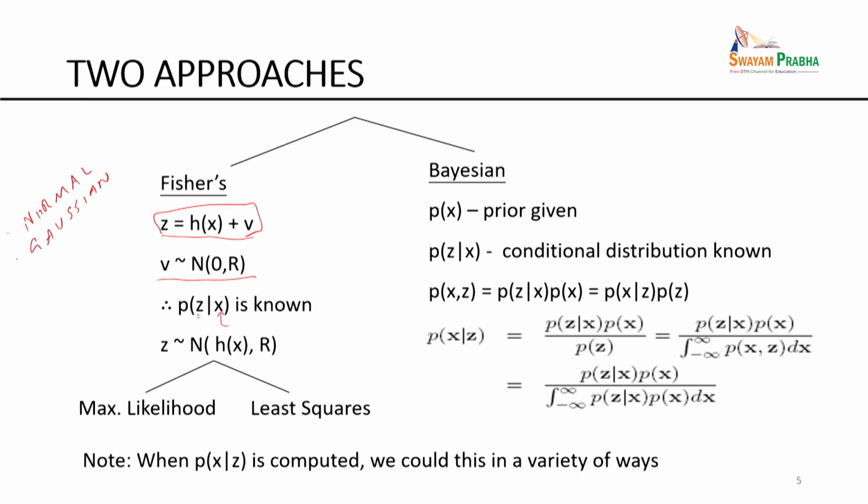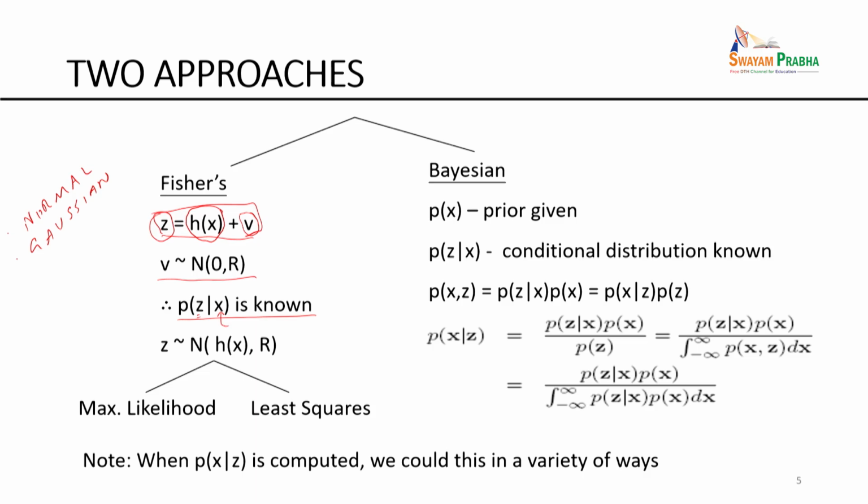Since h is a deterministic function of x, this can be computed. I know the distribution of v, therefore I can compute the distribution of z, and that is called the conditional distribution, the conditional distribution of an observation given an unknown x. X is unknown, but the conditional distribution p of z given x is known.